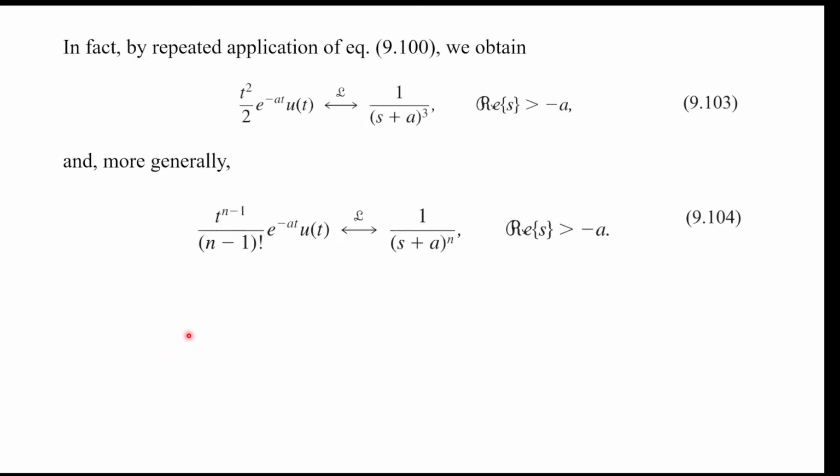And we can keep doing this, and we will see that we can derive the third order term as a very similar thing, but we have a t squared term, t squared divided by 2. And in general, you can derive the nth order term. Here we skip the calculation. So for the nth order term, you have this right-sided exponential decay, and then multiplied by t to the n minus 1 divided by n minus 1 factorial.